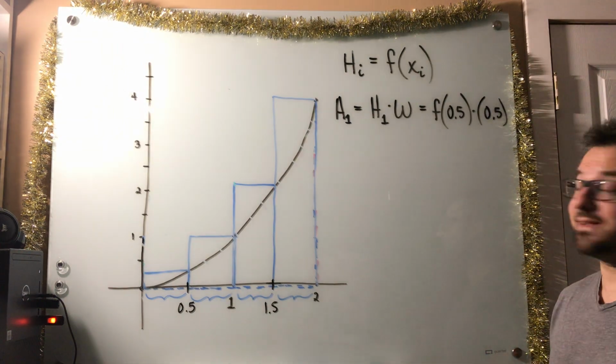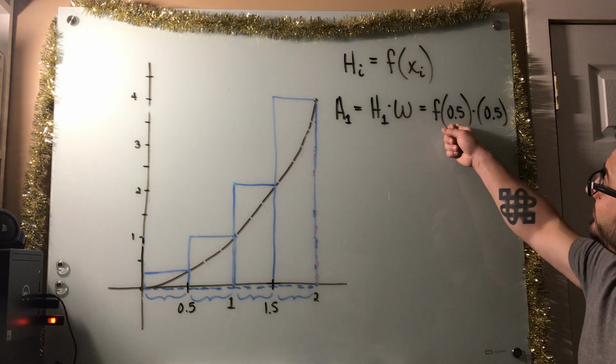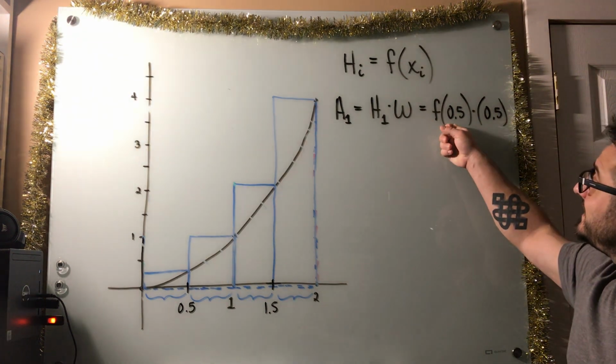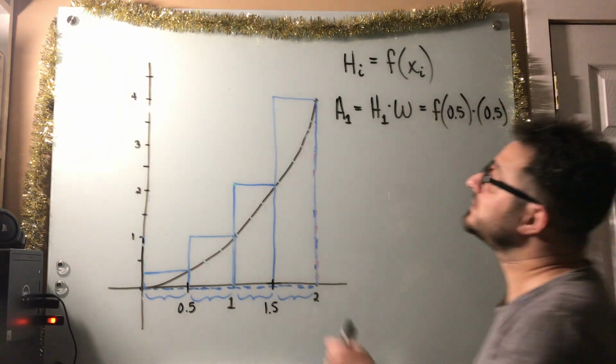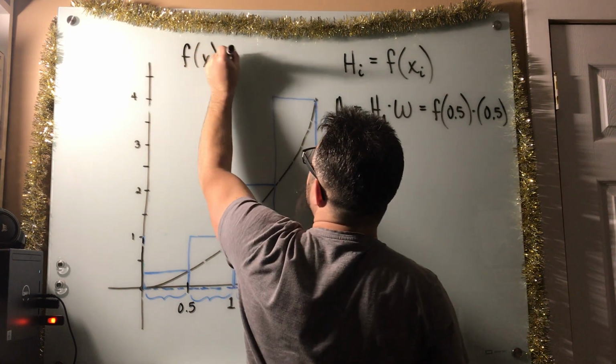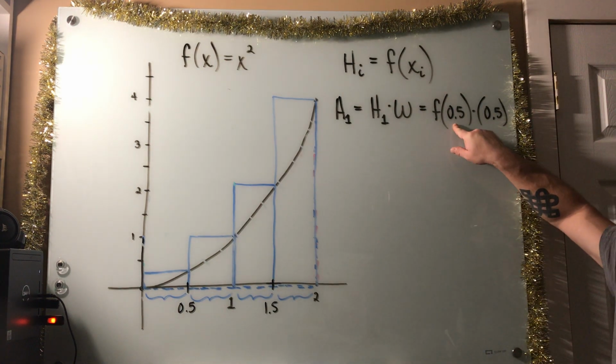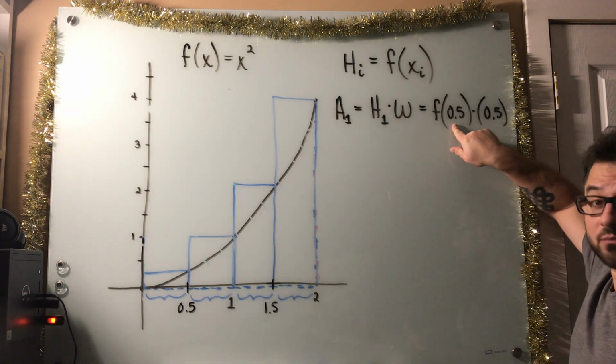Well, now we have to calculate that, so it seems that we've more than doubled it because we now have to do a calculation to actually get the height of the rectangles. Now remember, the function here is f of x equals x squared. So fortunately, it's a simple calculation. To get f of 0.5, it's just a matter of squaring 0.5.